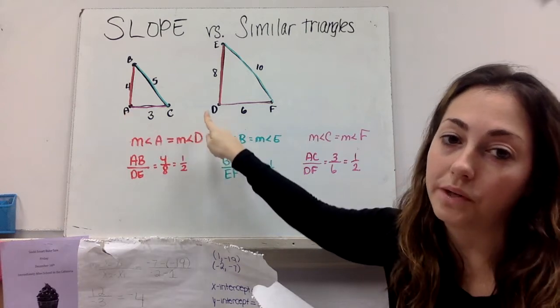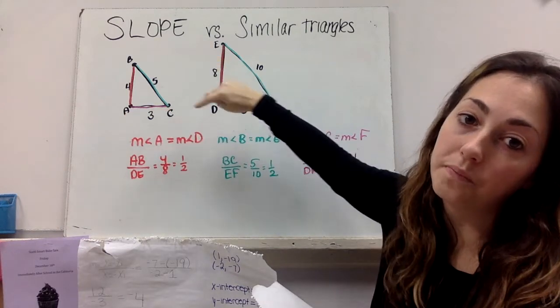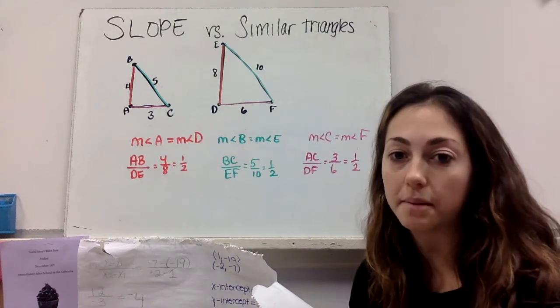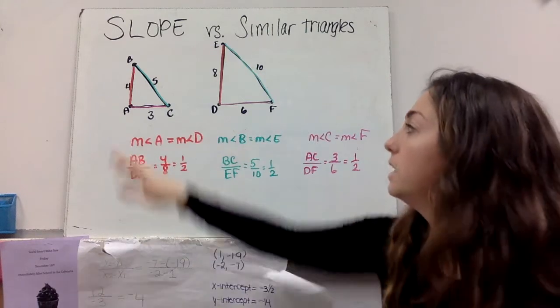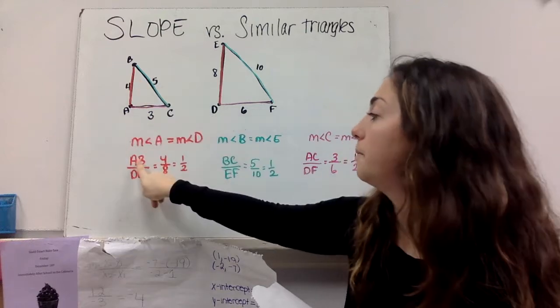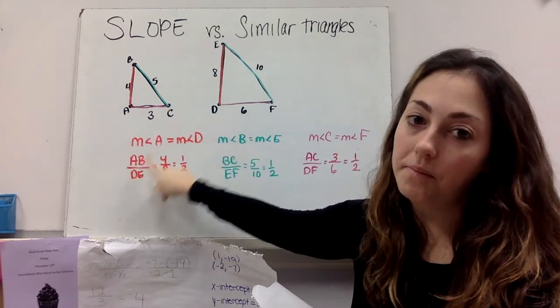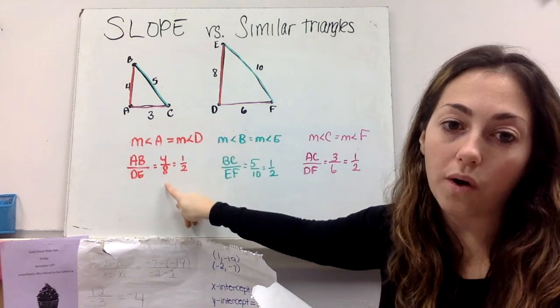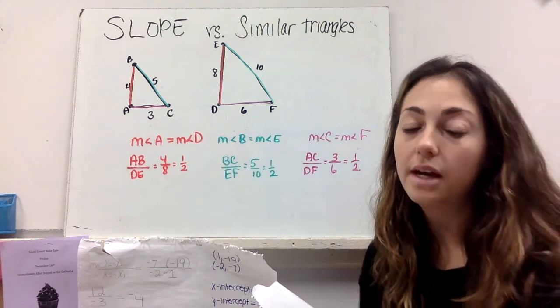So if A is equal to D, then AB over DE should be this equivalent ratio. AB is 4 and DE is 8, so 4 over 8 equals 1/2.